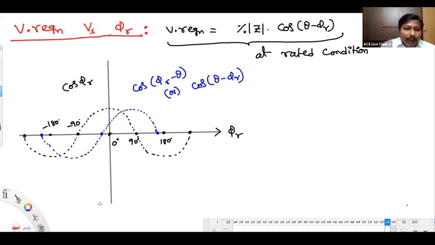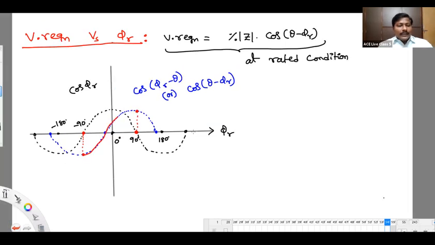So, whatever this blue color curve portion you have between minus 90 to plus 90, that itself we should consider as voltage regulation curve. Means you should take up only this red color portion as a voltage regulation curve.